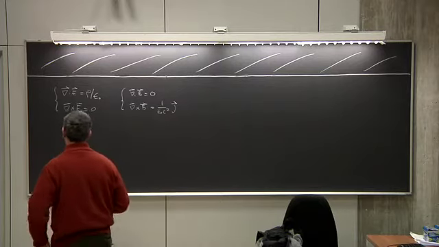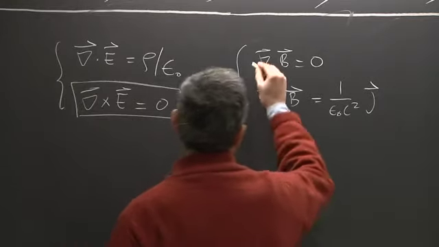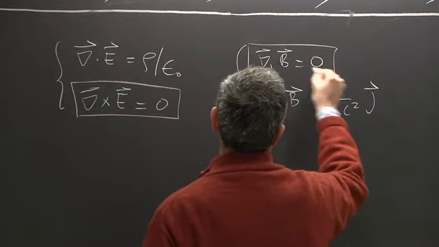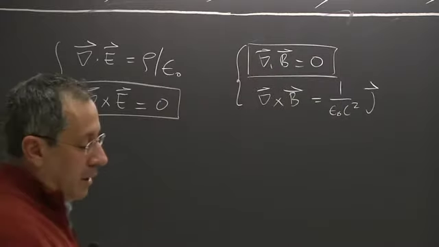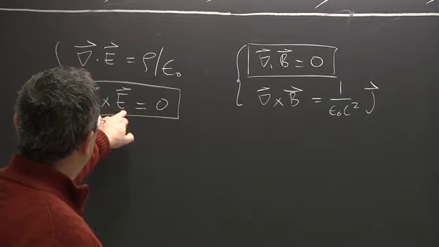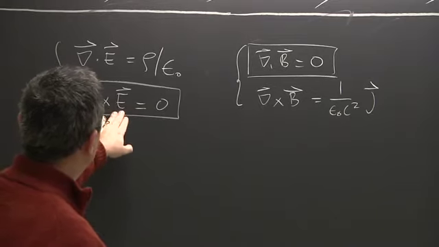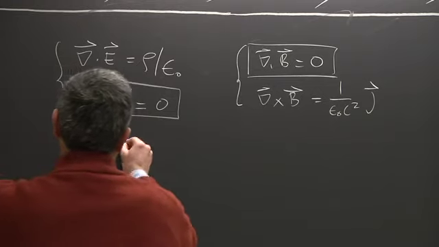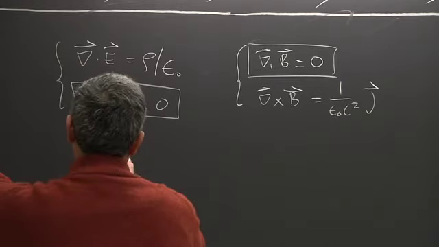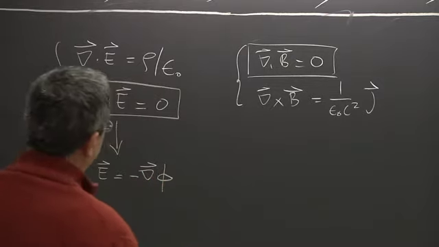And what we said is that because of the properties of vector calculus, anytime you have a vector that is curl free, like the electric field here, that means that you can always derive it from a gradient of a scalar function.